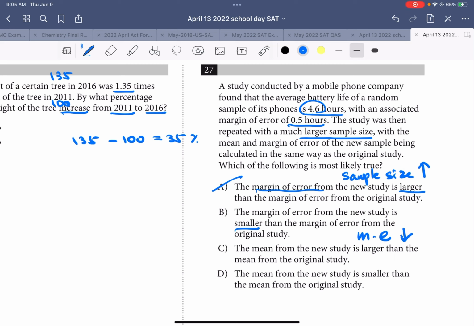Well, we don't know actually, right? With the bigger sample size or a smaller one, the mean could be bigger or smaller, we don't know. So we don't talk about the mean here. So the answer has to be B, okay? The only thing we clearly know is if you increase the sample size, then your margin of error will decrease.